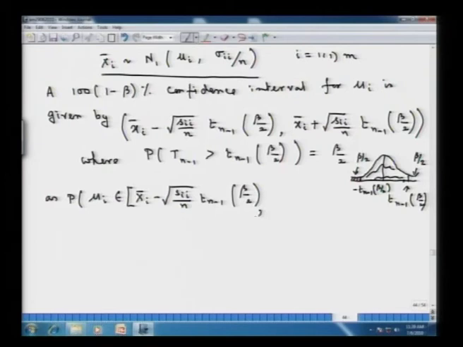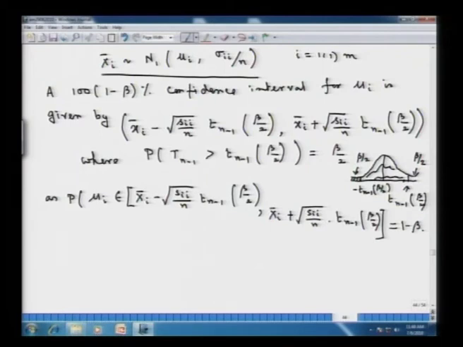This is the lower confidence limit, this is the upper confidence limit. This probability is equal to 1 minus beta. So, that is fine. This is as far as the mu i component is concerned.